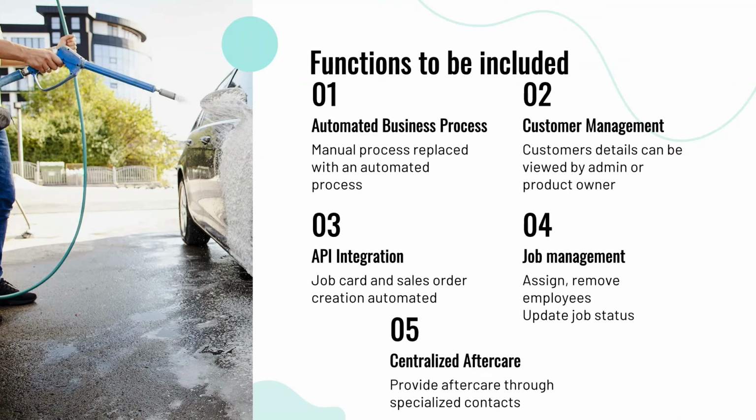Next is API integration, which allows the automation of job card and sales order creation, followed by job management, which involves assigning and removing employees from the job cards and letting the employees update the job status of the job cards. And finally, we have the centralized aftercare, which provides aftercare through specialized contacts, which means that there are only business related contacts.